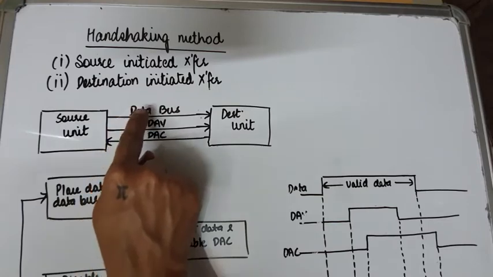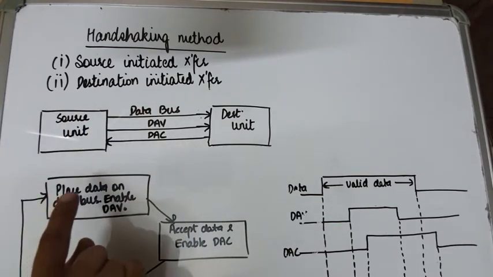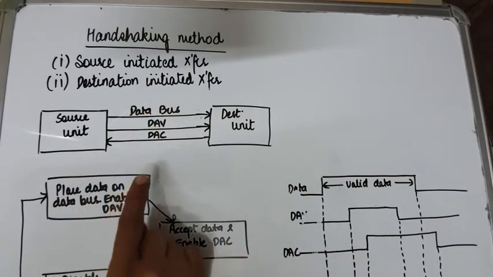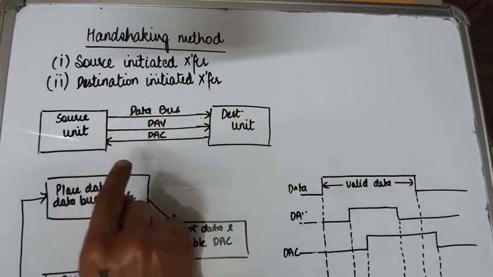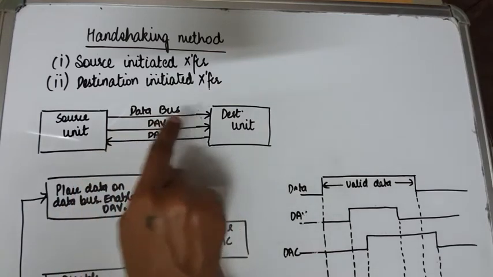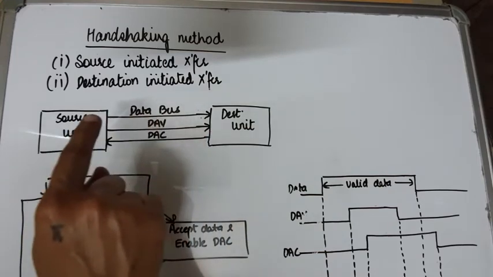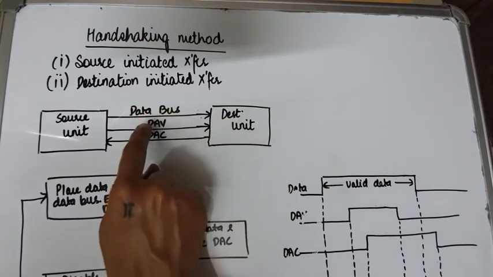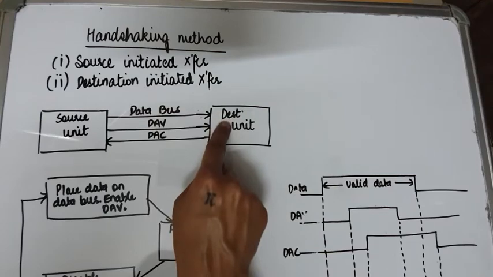The source unit will put the data on the data bus. After putting the data on the data bus, it will tell the destination unit that there is data available on the data bus through the DAV signal. When the source unit enables the DAV signal, it is telling the destination unit that there is data available on the data bus for you.